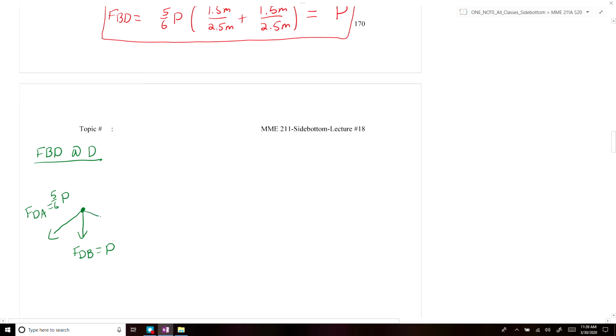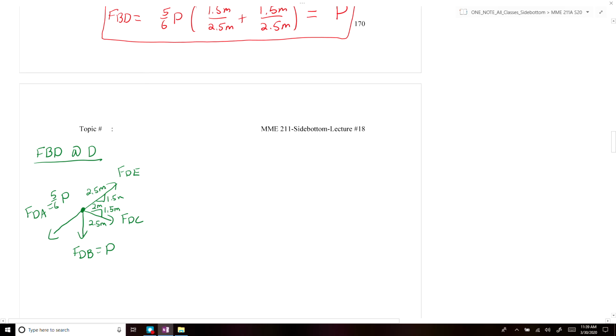And then we have the force within DC, which goes 2 meters along the x direction and 1.5 meters along the y direction, so its length will be 2.5 meters. And then we have force DE, which has a 2 meter length in the x direction and a 1.5 meter length in the y direction, and it also has a length of 2.5 meters.